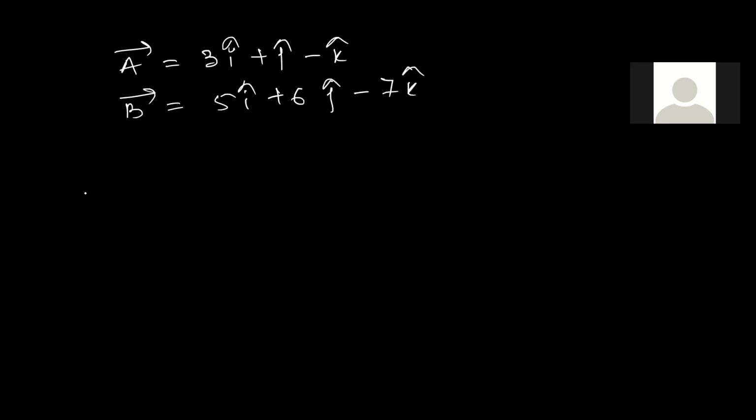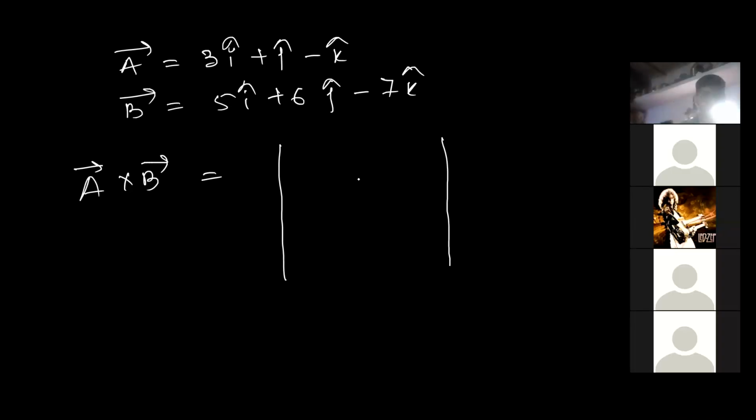Now the cross product should be found in this process: A cross B equals a determinant we have to consider. Determinant you will learn in class 12 in the chapter of matrix. In this way, we are finding the product of two vectors.